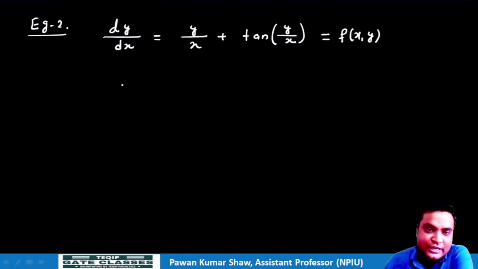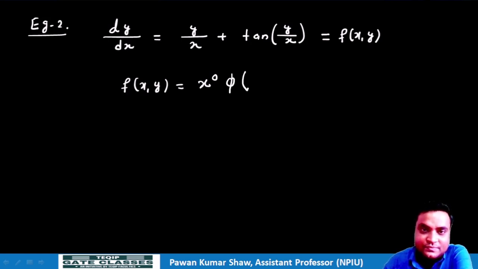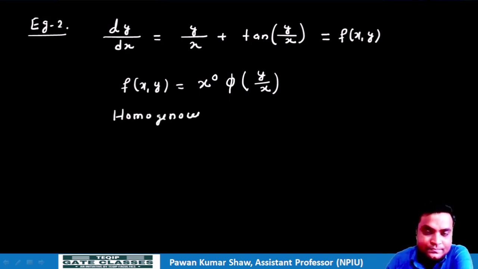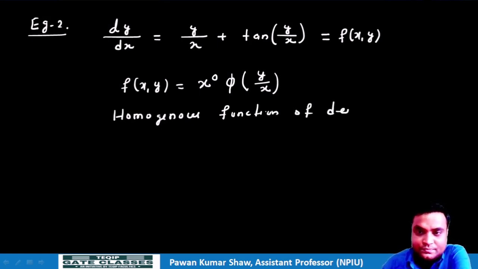So that means this f of xy we can write as x to the power of 0 and some function phi of y by x, because the whole function is in terms of y by x. So this is a homogeneous function of degree 0.